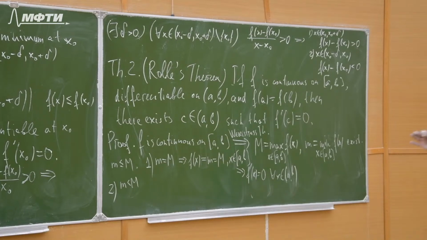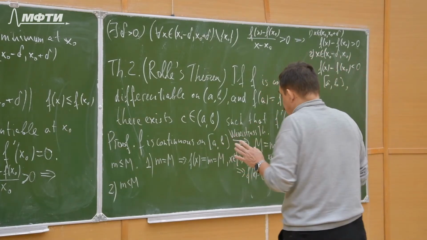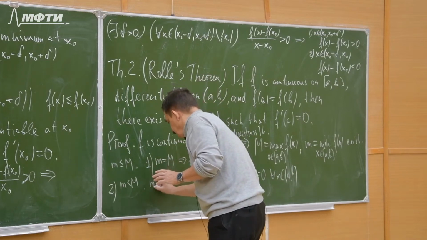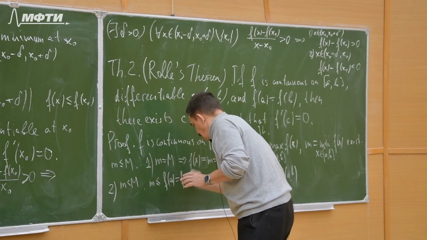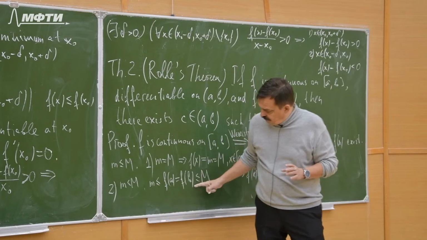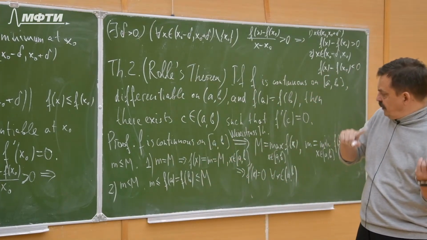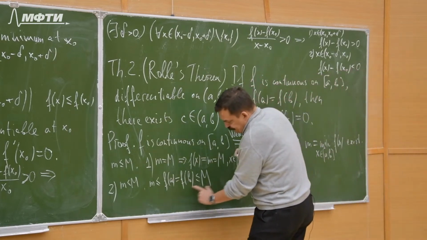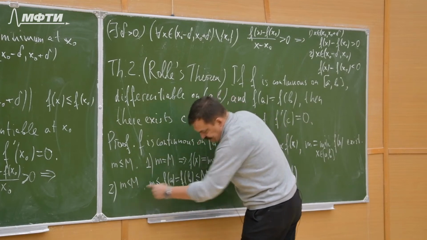Let us consider the following values. f of a equals f of b is between small m and capital M. And we know that the left-hand side and the right-hand side are different.